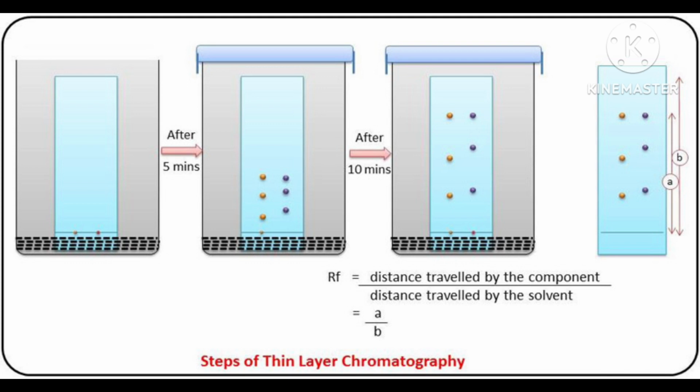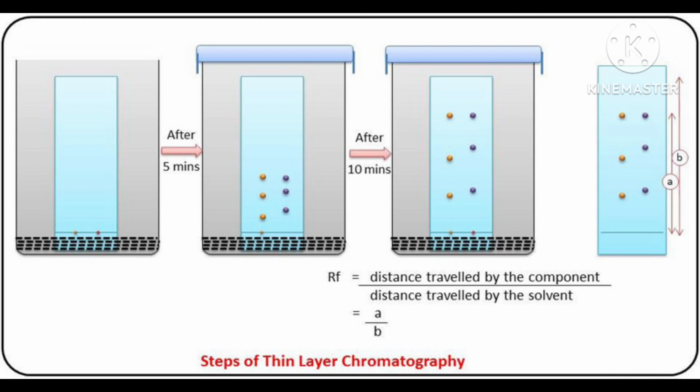Then what will happen? The spots of compounds which absorb iodine will show up as brown spots. Because these spots are separated, the spot will absorb iodine and appear brown.